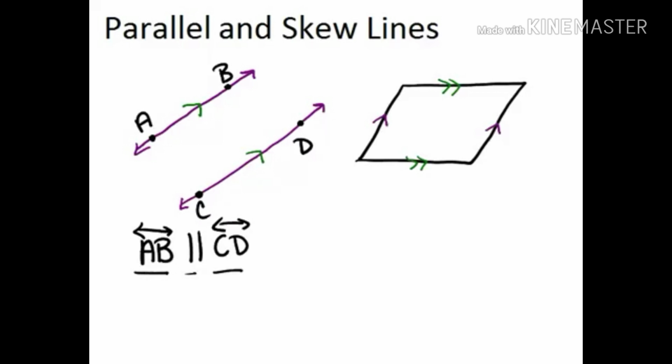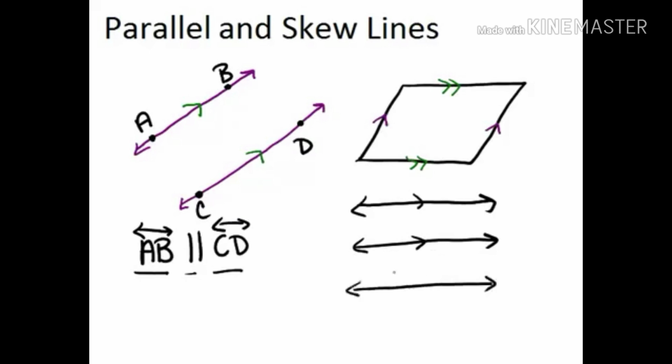One interesting thing about parallel lines is that they hold or have a transitive property. What I mean is, if we have a first line, which is parallel to a second line, and this second line is parallel to a third line, then that means that all 3 of these lines are parallel.